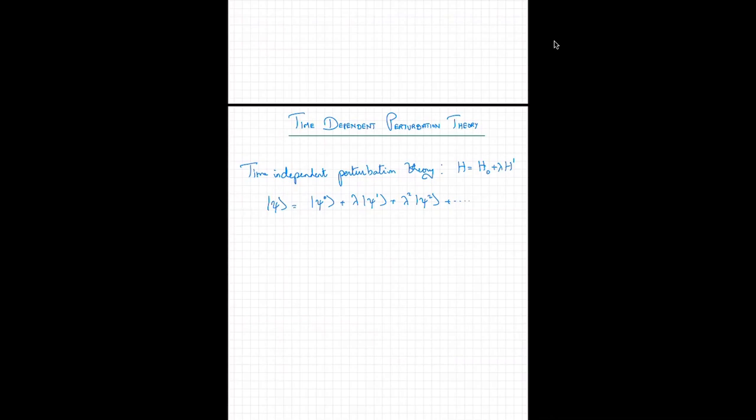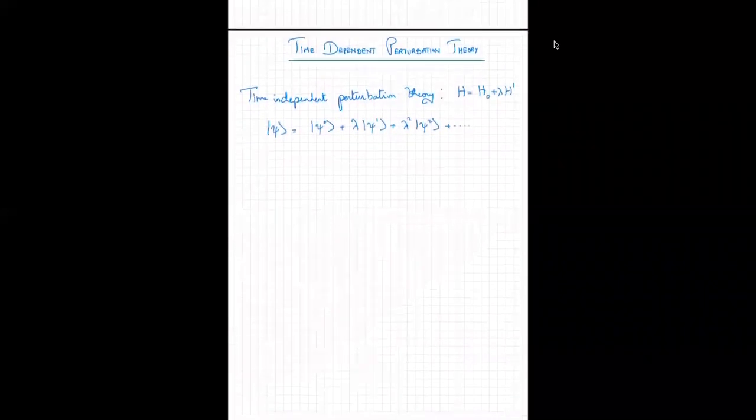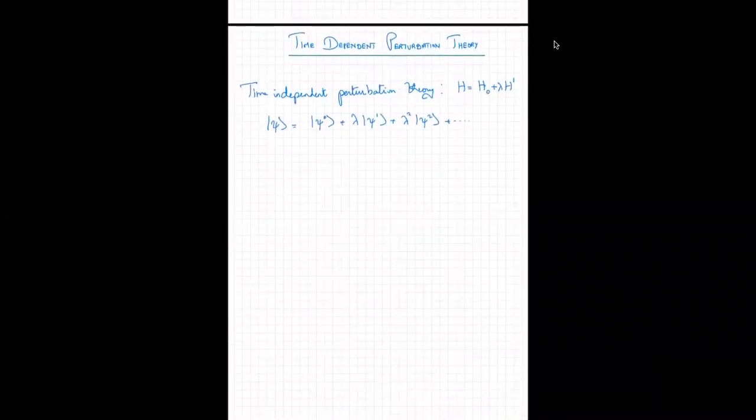The time-dependent perturbation theory is a similar problem, but slightly trickier. Today we will try to attack time-dependent perturbation theory in a fashion similar to time-independent perturbation theory, but we will quickly move on to a different way of setting up the problem and getting the solution for this particular case.